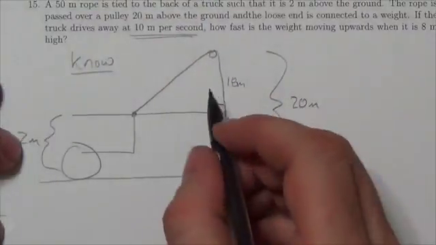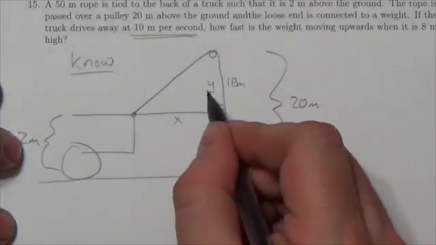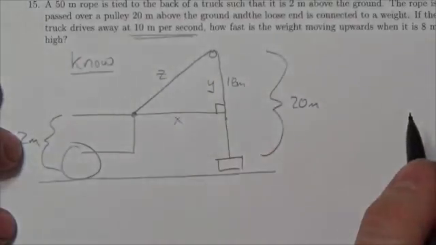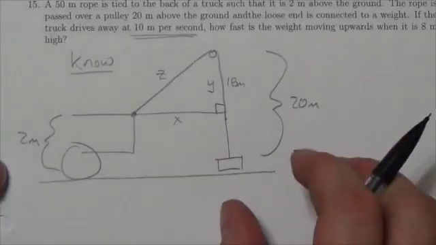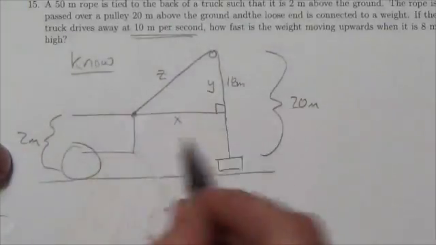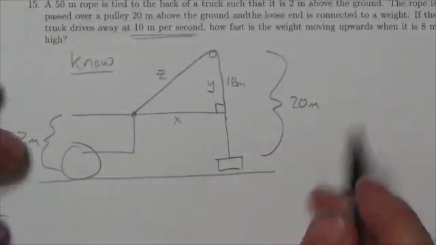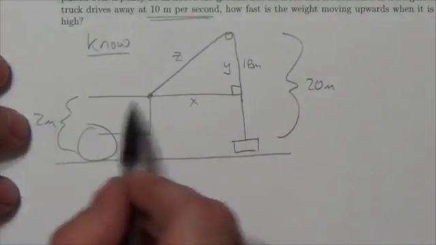So now let's throw some variables on here. This is going to be x, let's say this is y, and this is z. Now, the truck is going to drive away at 10 meters per second. Let's think about that in terms of this triangle we've built. Which one of these variables corresponds to the truck moving?